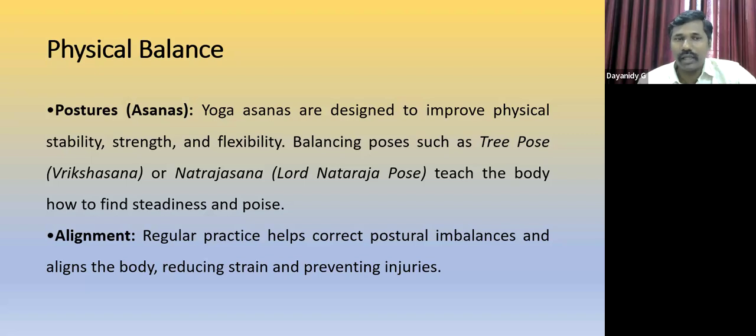Whenever we do the right, we also do the left side. Normally we use the right side so often, so by doing the left side we try to get balance. This type of asana creates stability and balance, and regular practice helps to correct postural imbalance, align the body, reduce strain and prevent injuries.